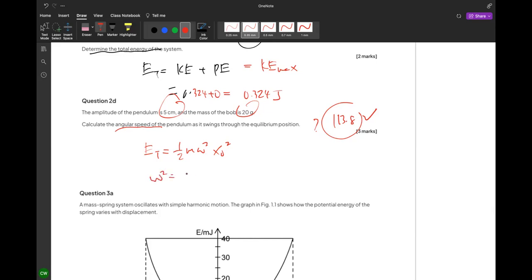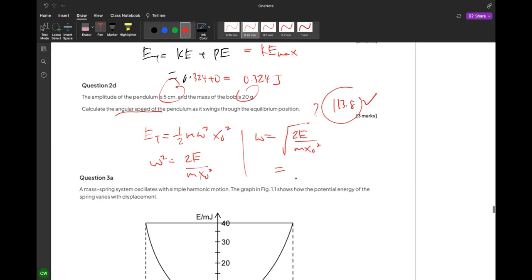Omega squared is 2E over m s naught squared, so omega is the square root of 2E over m s naught squared. E is this number, 0.324. The mass is 20 gram, but need to change to kg. Amplitude is 0.05 squared.